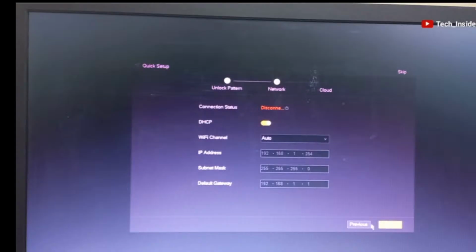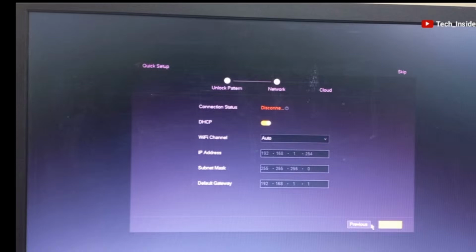At the top, in the orange segment under connection status, you realize it says disconnected. That shows there was no internet on the NVR at that time.